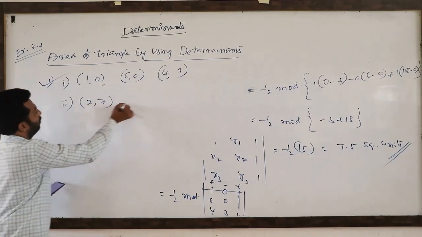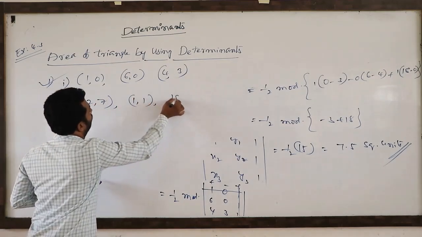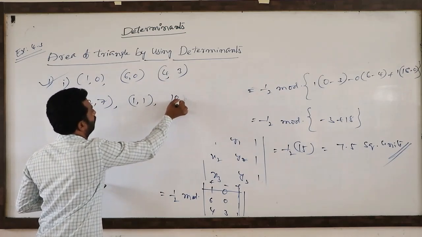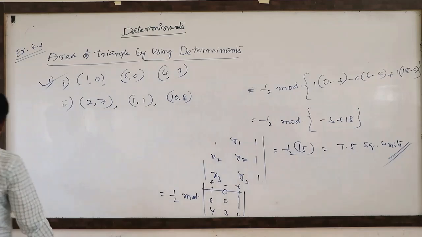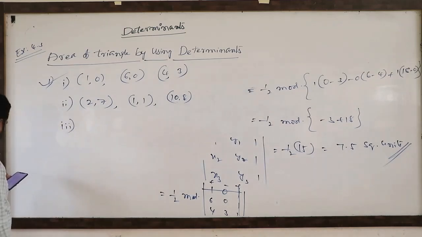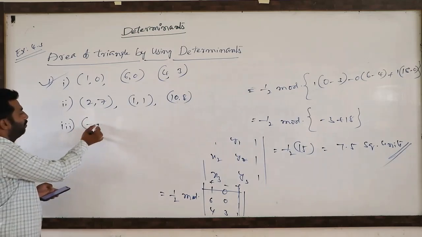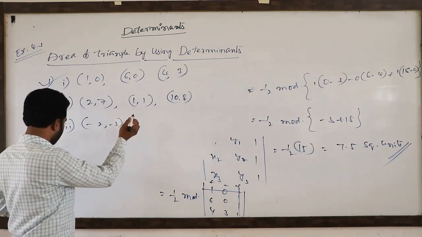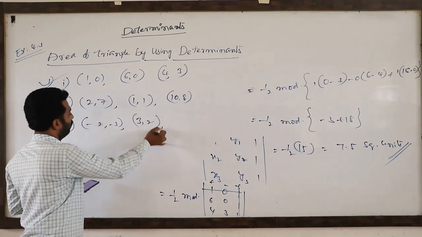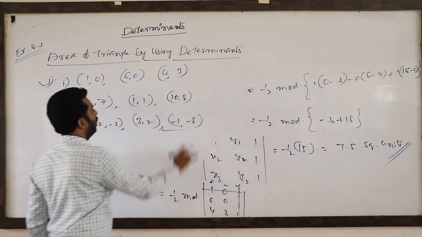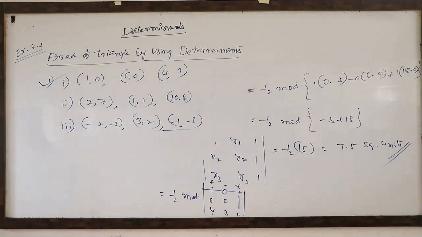The third one is (-2, -3), (3, 2), (-1, -8). You have to calculate the area of the triangle by using determinants.